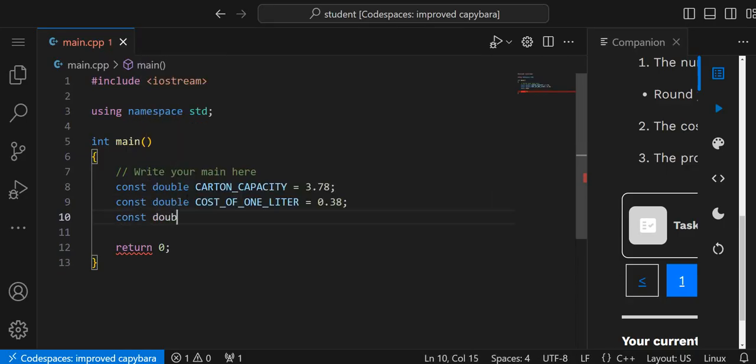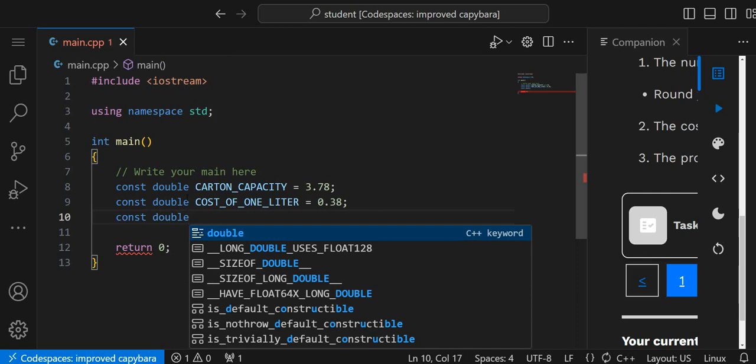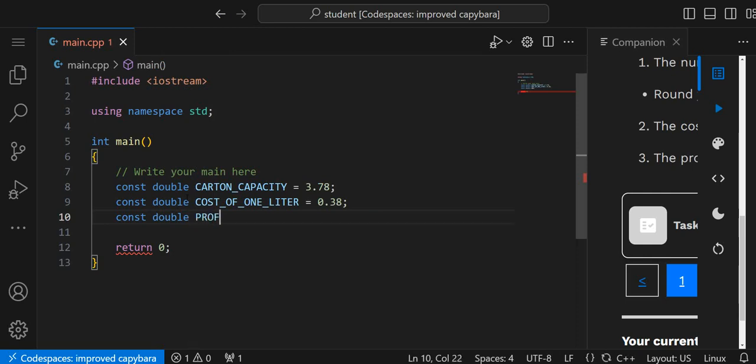Constant double profit_on_a_carton equals 0.27.